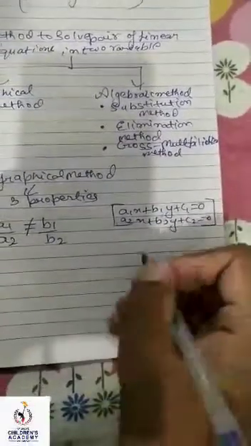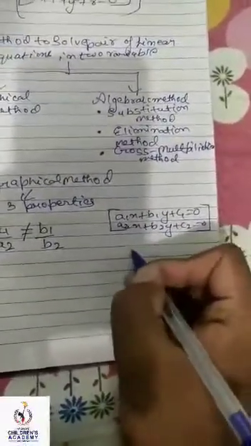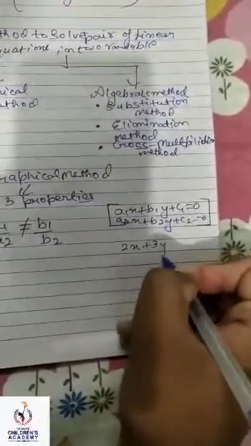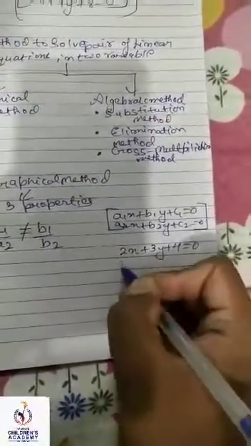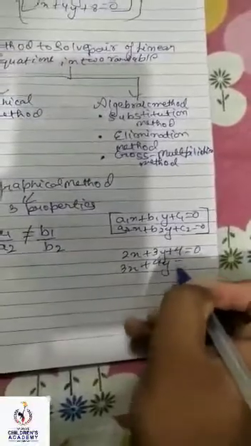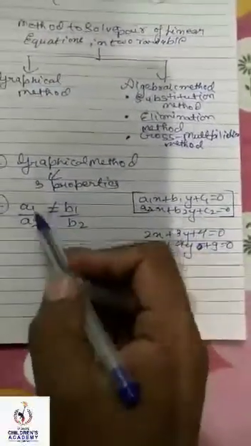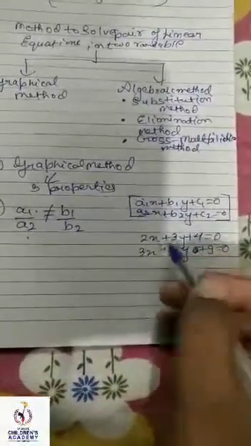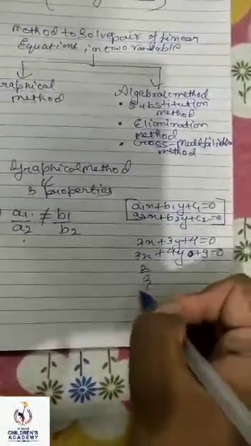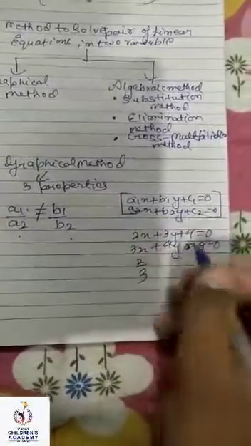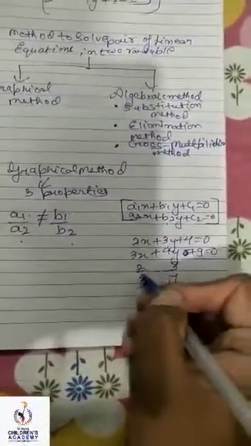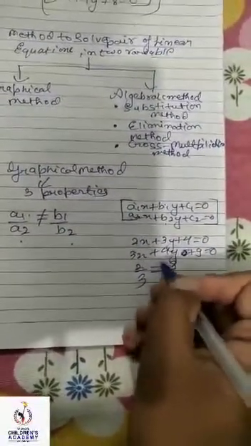If we take an example, 2x plus 3y plus 4 is equal to 0, and 3x plus 4y plus 9 is equal to 0. First we compare a1 upon a2, which is 2 upon 3, and b1 upon b2 is 3 by 4, and we can clearly see that both are not equal.